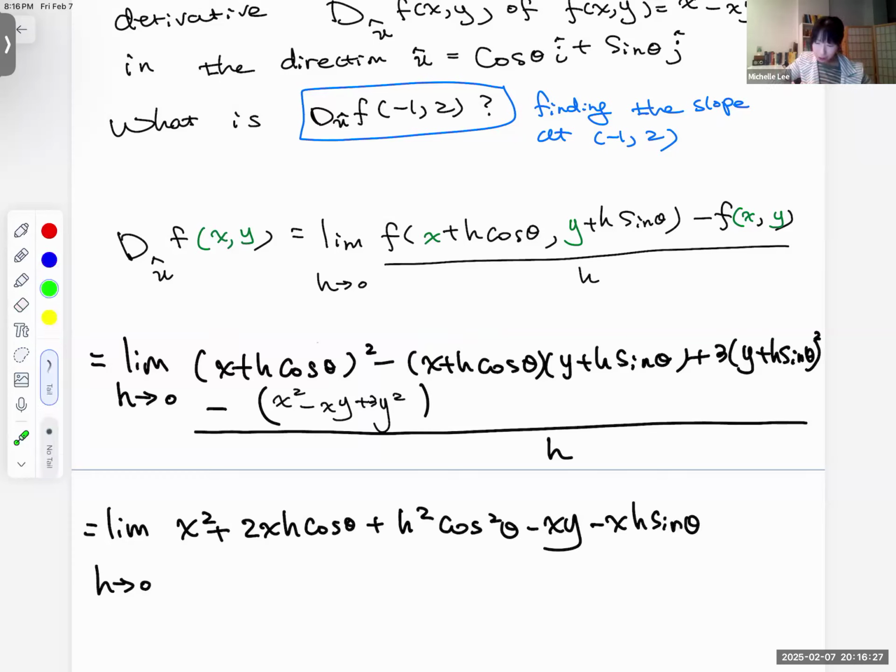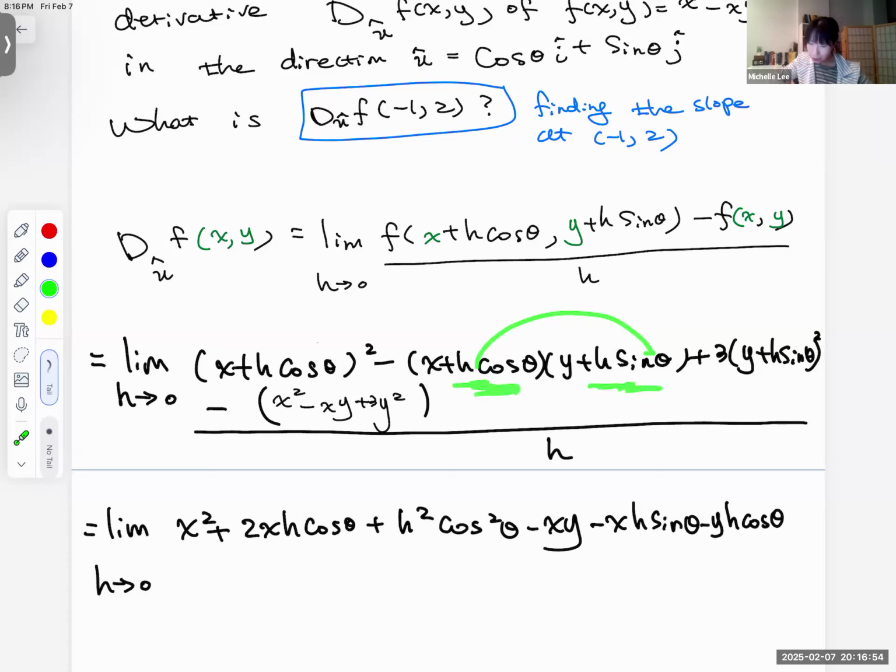Okay, now second term, distribute, but we have a negative, so yh cosine theta. Okay, last term, h cosine theta sine theta.